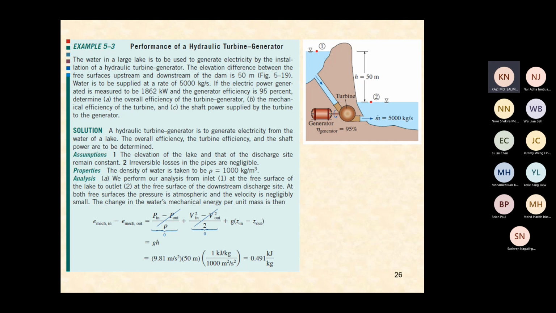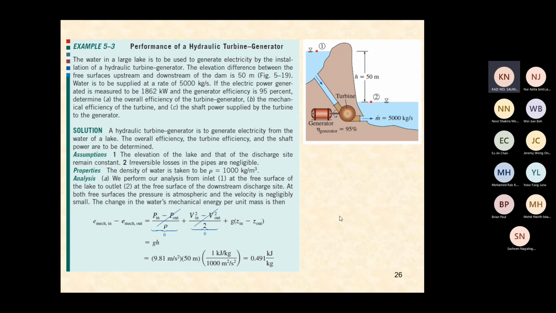With g into H, we can get the mechanical energy available in the shaft of the turbine. That is equal to 9.81 into H, which is 50, then using the conversion, we get 0.491 kilojoule per kg.